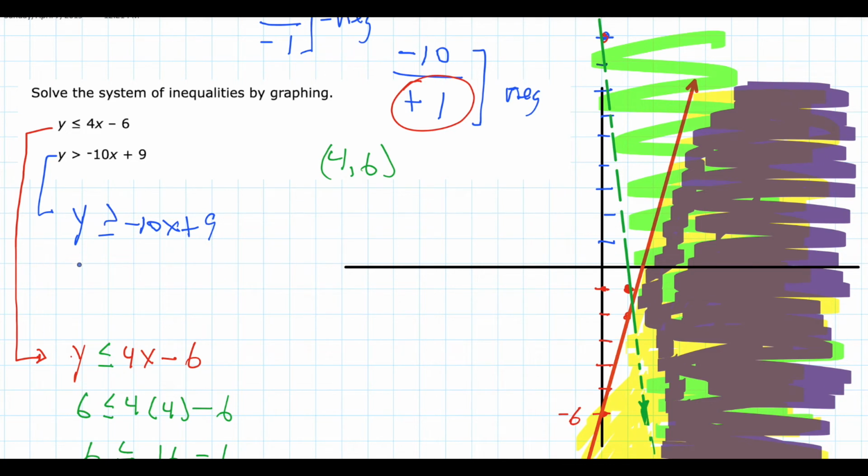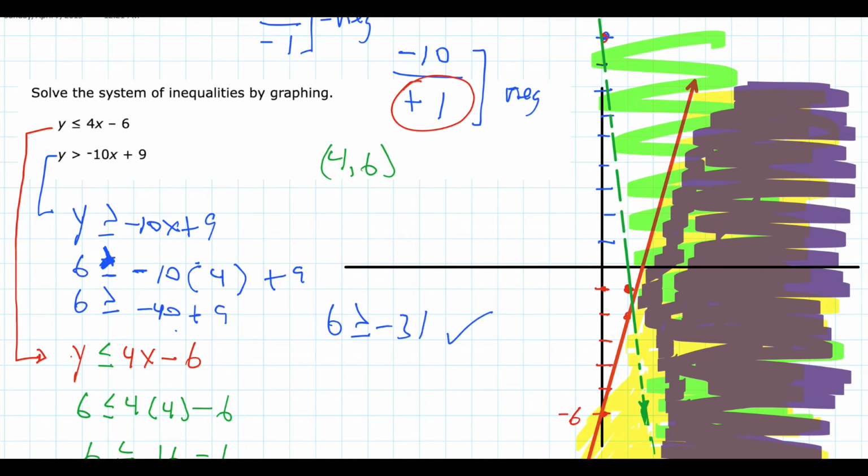All right, so 6 is greater than or equal to negative 10 times 4 plus 9. So I plug in the 4, right? Negative 40 plus 9, which is negative 31. So 6 is greater than or equal to negative 31, which is true.